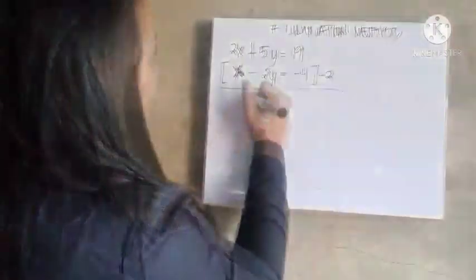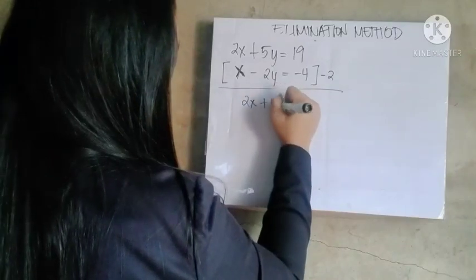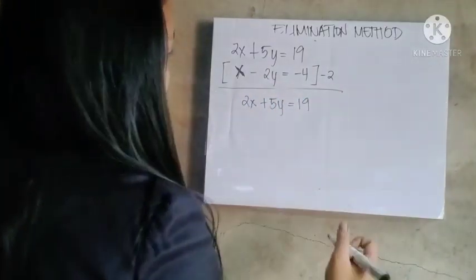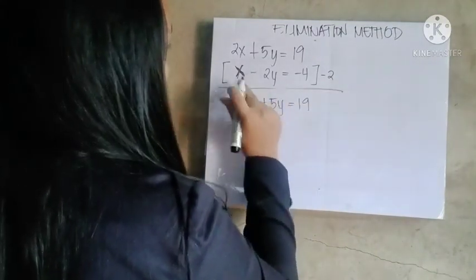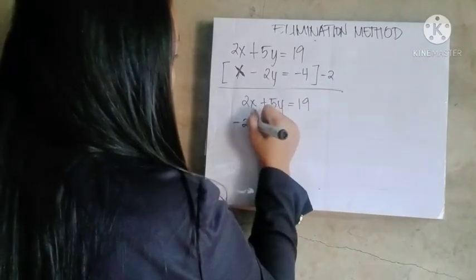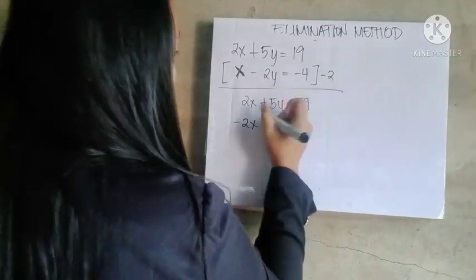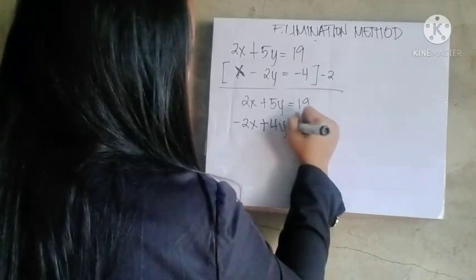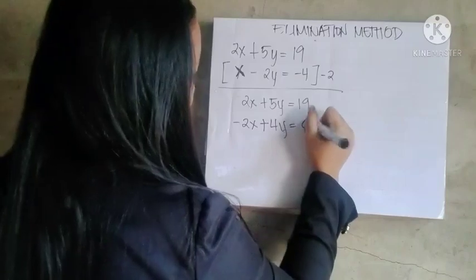So, I'm going to write the first equation. Now, multiply everything in the second equation. So, x times negative 2 is equal to negative 2x, and negative 2 times negative 2 is equal to positive 4y, and negative 4 times negative 2 is equal to 8.